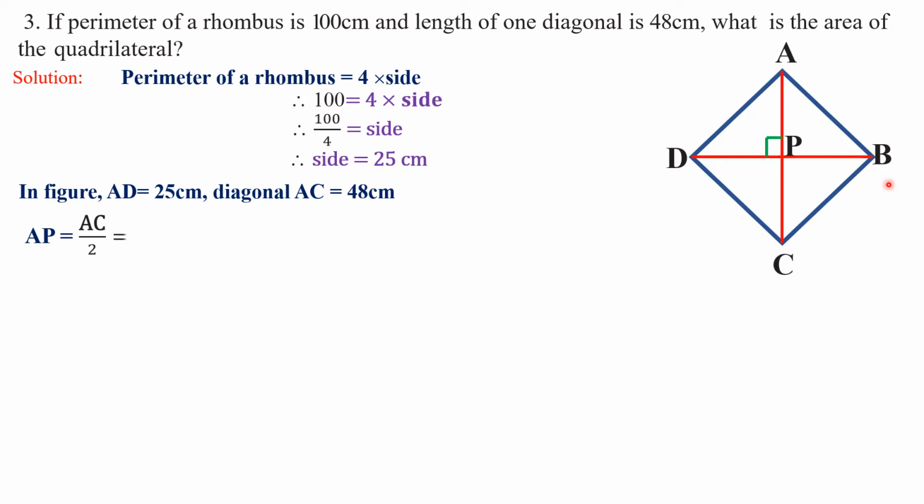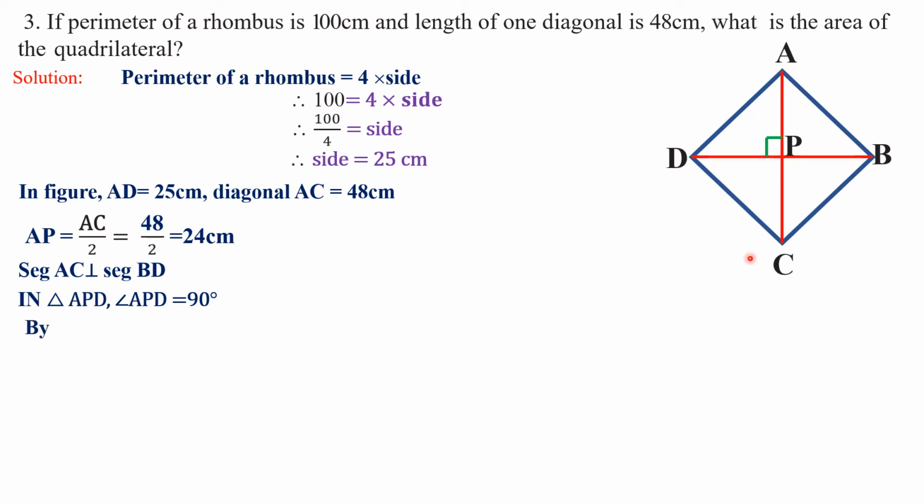AP is equal to half of AC, that is 48 upon 2, that is 24 centimeter. Diagonals are perpendicular bisectors. Segment AC is perpendicular to segment BD. In triangle APD, angle APD is equal to 90 degrees.